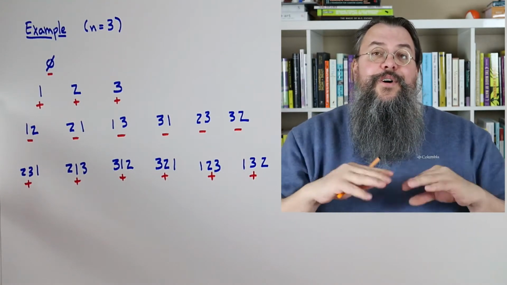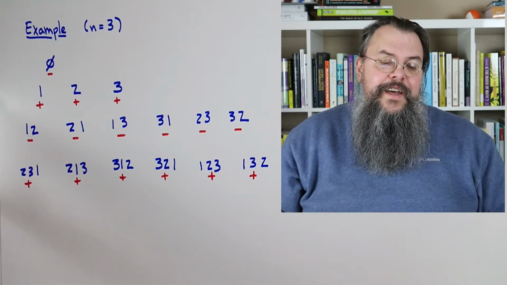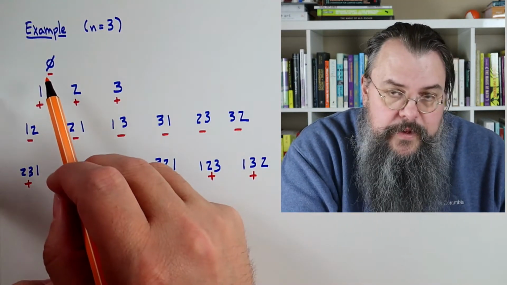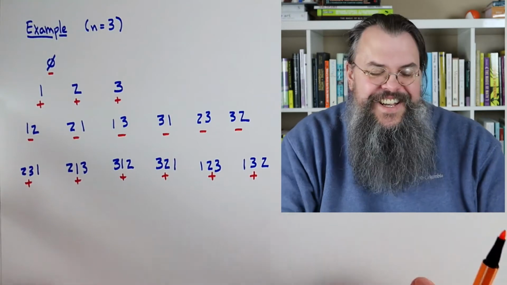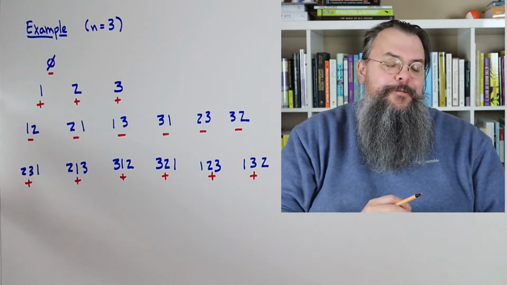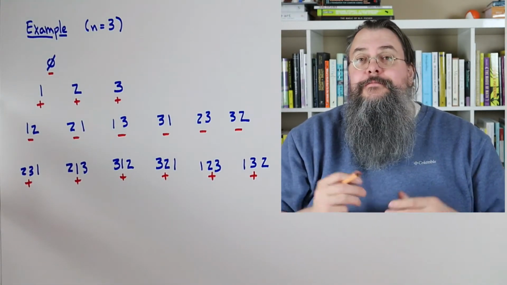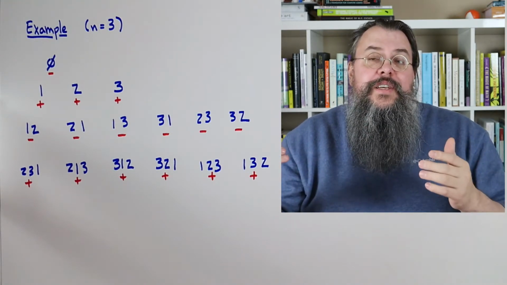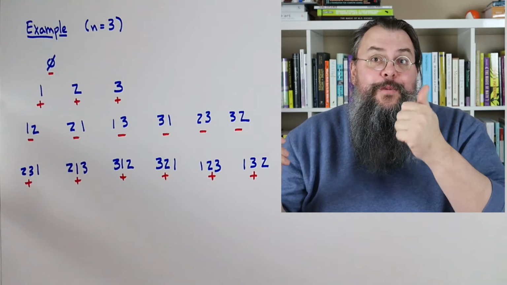So let's go through and do the whole pairing rule. Now, how does it work? Well, let's start with our empty word. What's the smallest thing? In this case, the smallest thing is what's missing, and it's missing a 1.